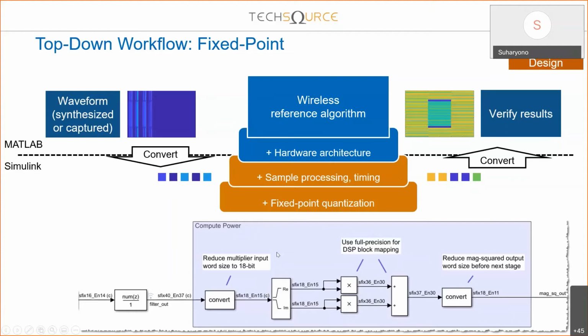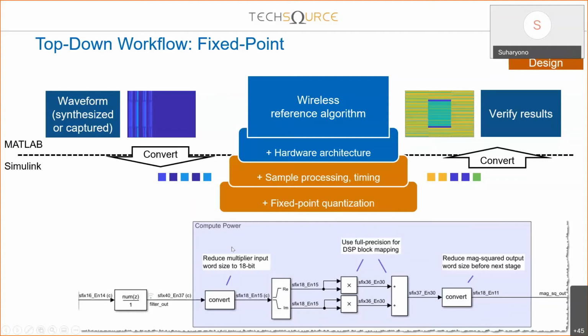It's important that we choose the right set of fixed-point data types, because it not only controls the accuracy of our algorithm, but also determines the amount of resources used in our hardware.